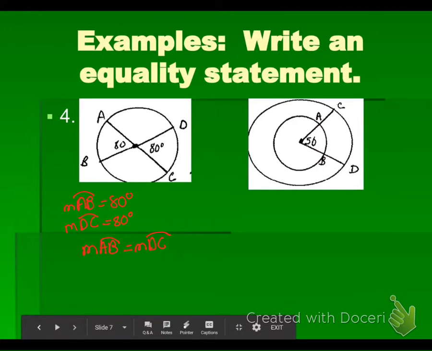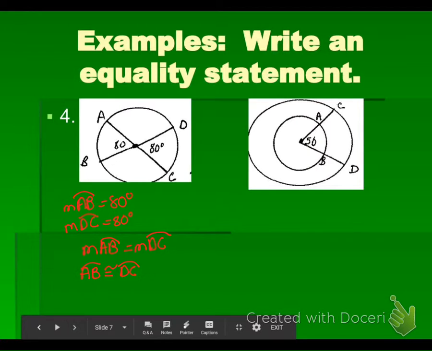Now I want to ask, are these arcs congruent? So that was what our last slide was about. Are these two congruent? Yes. They're the same size? Do they have the same radius or are they in the same circle? Yes, they're in the same circle. So yes, we can say that they're congruent. So we can now say that arc AB is congruent to arc DC.